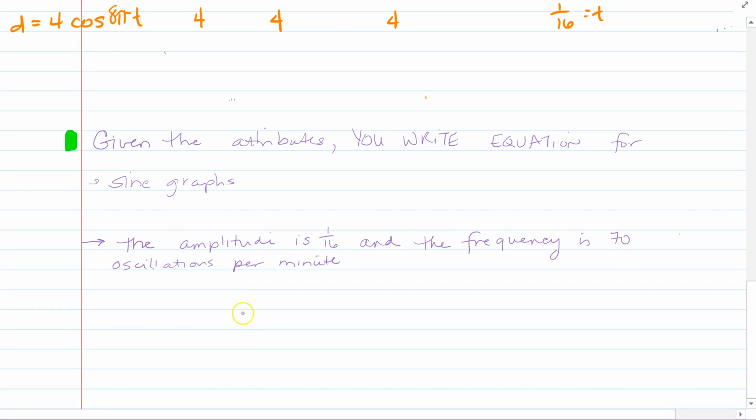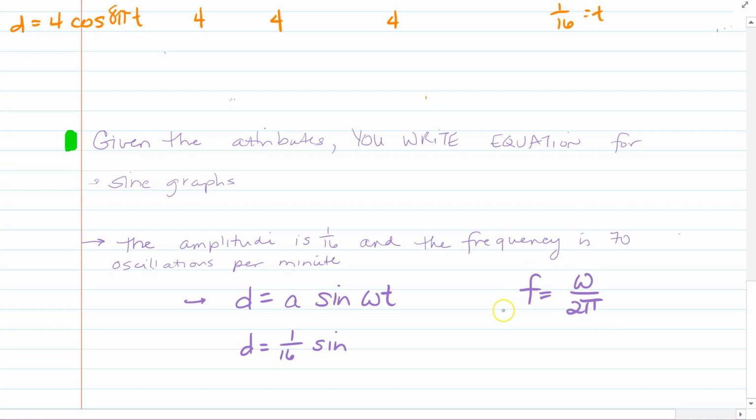Okay, so we're using D is equal to a sine omega t. This is what I'm trying to fill in. So D is equal to, the amplitude is 1/16, so it goes right here, and you'll write the sine. The frequency is 70 oscillations per minute. Now remember, frequency is equal to omega divided by 2 pi, right?